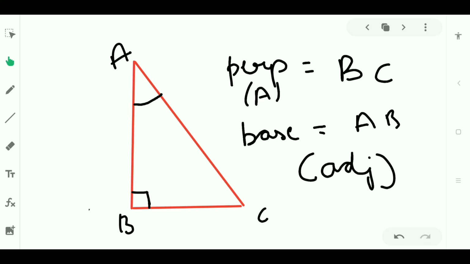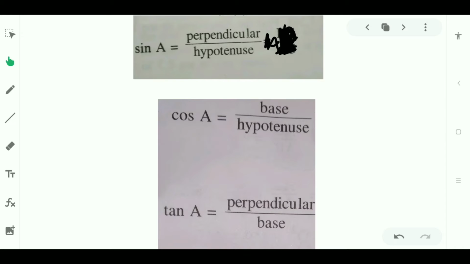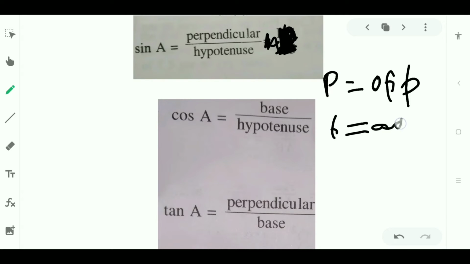So instead of perpendicular and base, we can write perpendicular as opposite and base as adjacent.